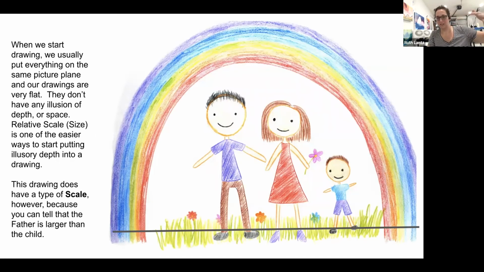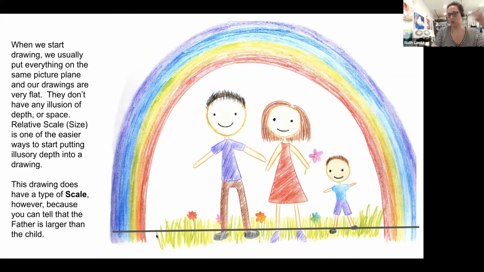When we are kids, we have trouble understanding that idea of the illusion of space. We can't quite cognitively relay it yet. So we draw everything on the same picture plane.